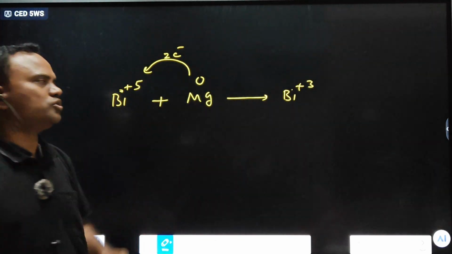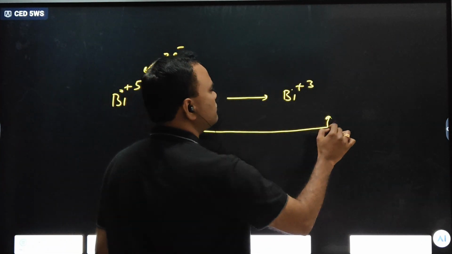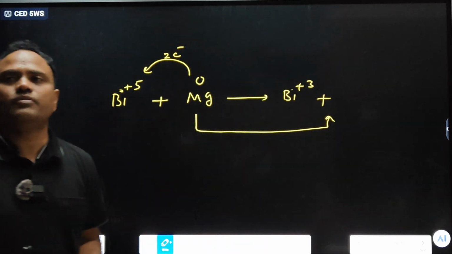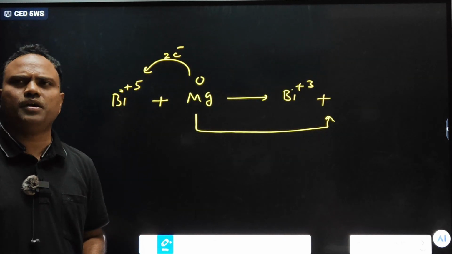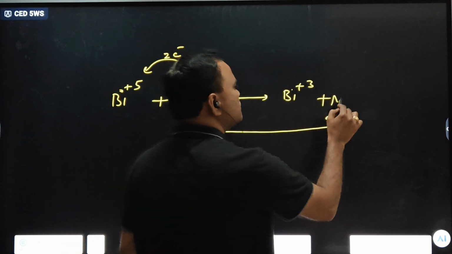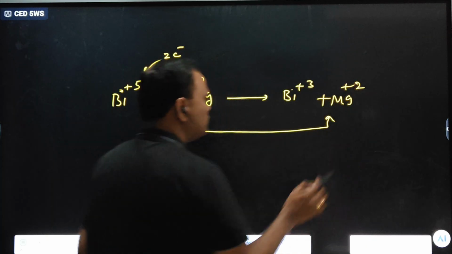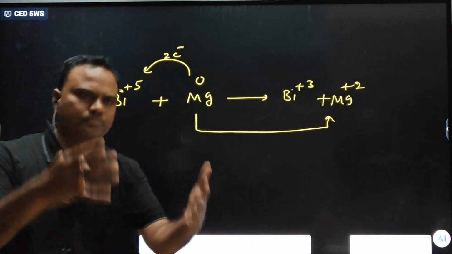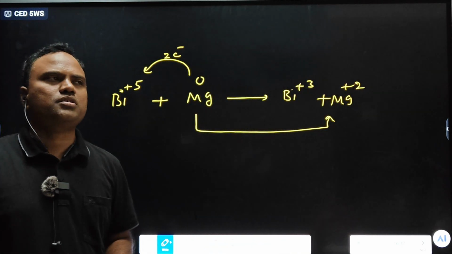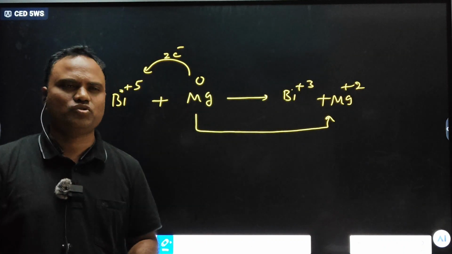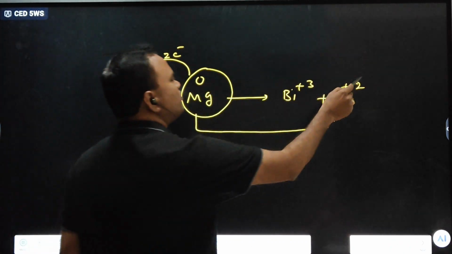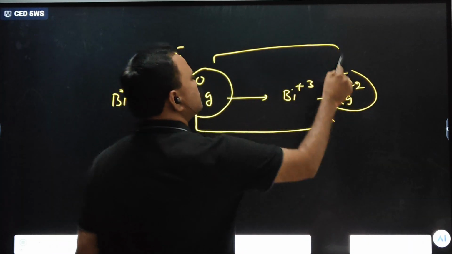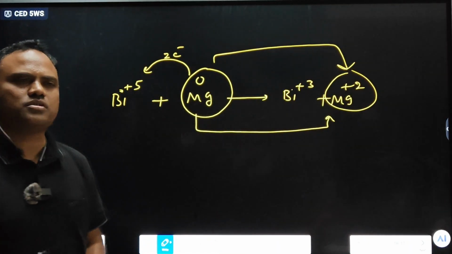Then you tell me, what will magnesium convert to? Mg plus 2. According to your redox reactions knowledge, 0 to plus 2 means which process, oxidation or reduction?